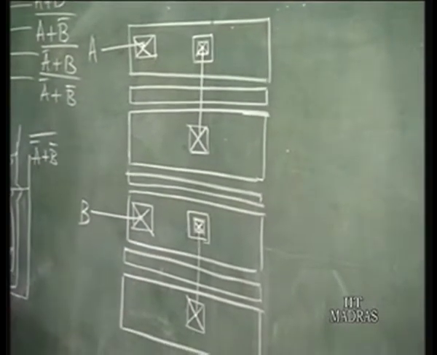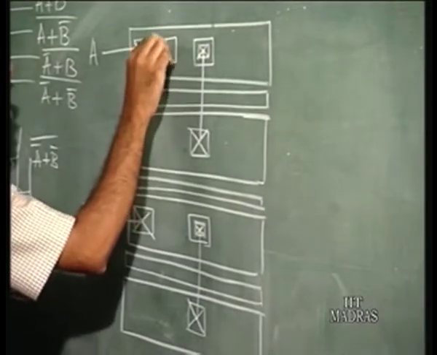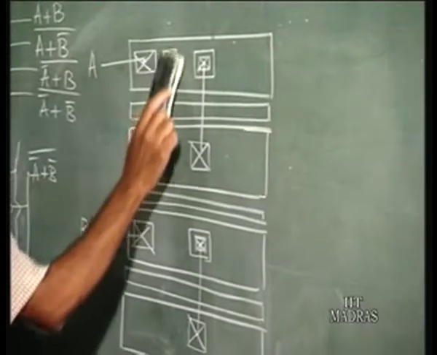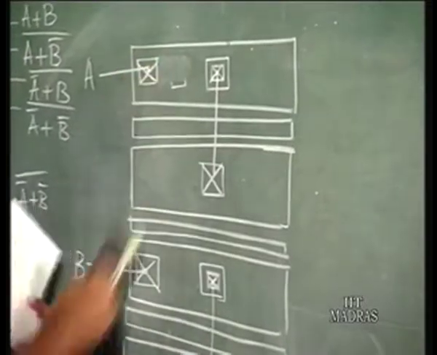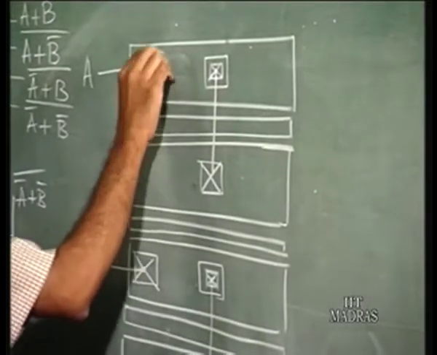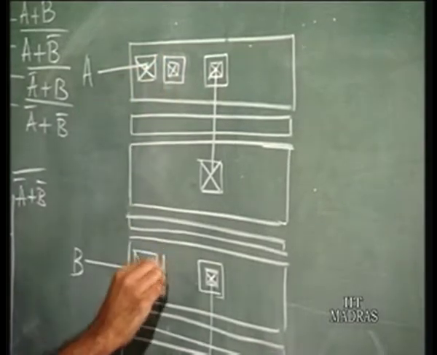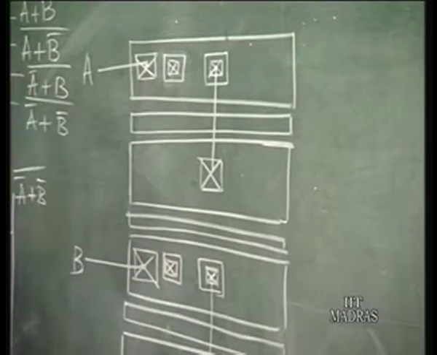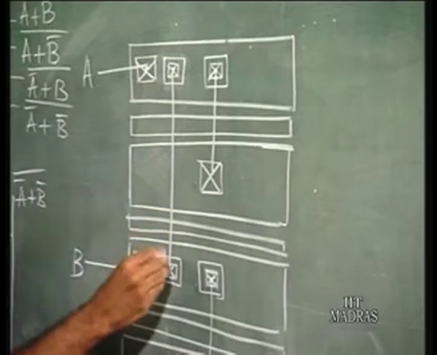Now what you do is, so one collector here, A, this is one collector. I hope I have space to draw. So this transistor one collector, and this transistor one collector, you can just short them.